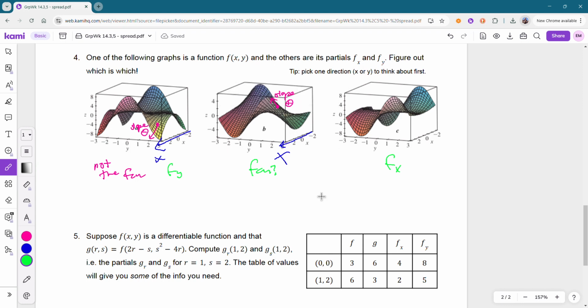And let's see, if we look at the partial with respect to x, does this work everywhere?